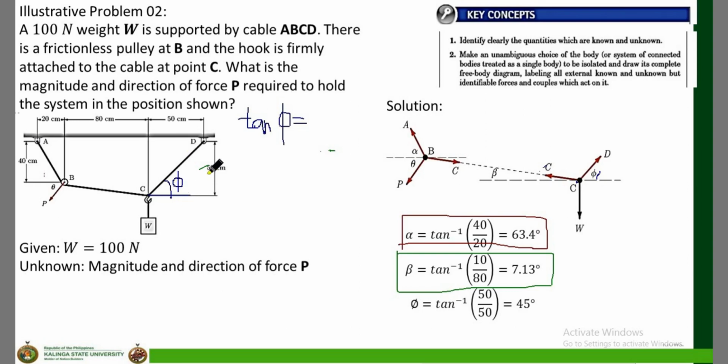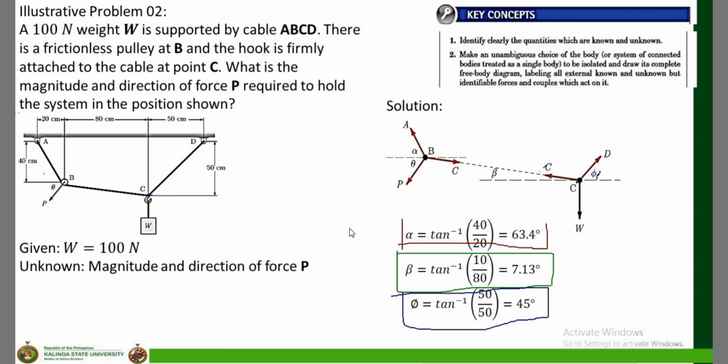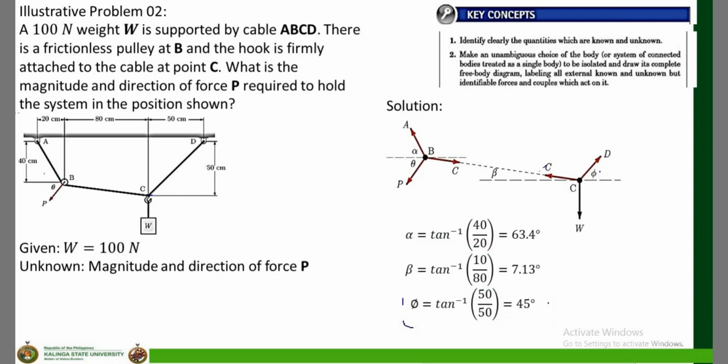The opposite side of phi is 50. The adjacent side of this phi is 50 also. So, no alaan nyo the inverse tangent na daytoy, from your calculator you that phi is equal to 45 degrees. That is how I computed the angles alpha, beta, and phi.